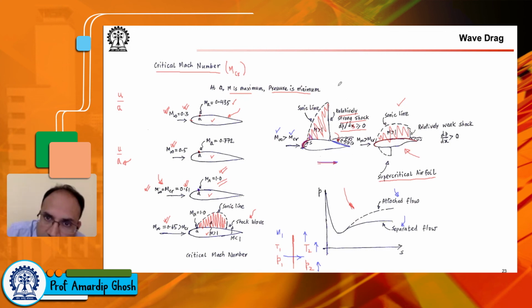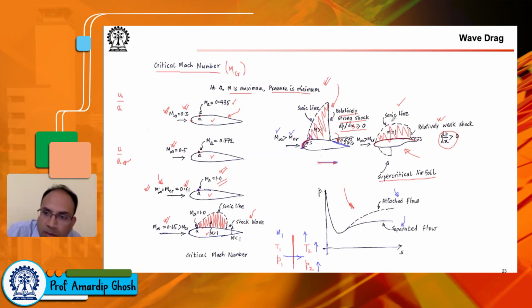And you see here the huge amount of flow area is subjected to the supersonic flow, whereas here you have a small area subjected to supersonic flow, and it terminates in a relatively weak shock wave, creating a small amount of positive dp/dx.